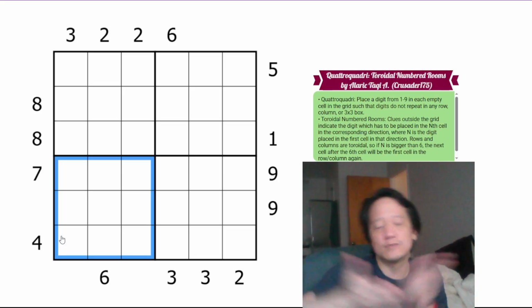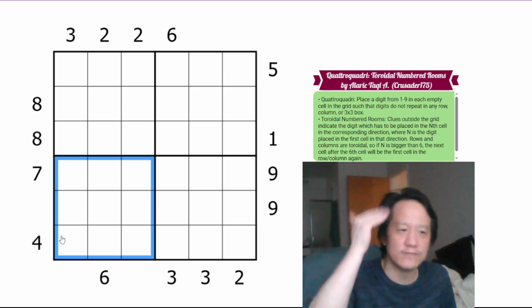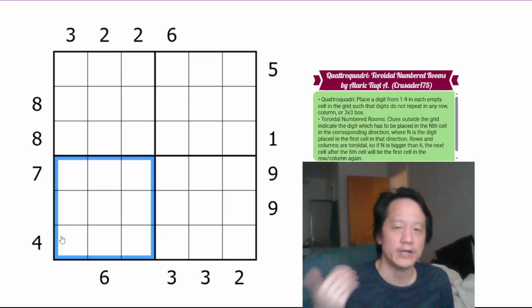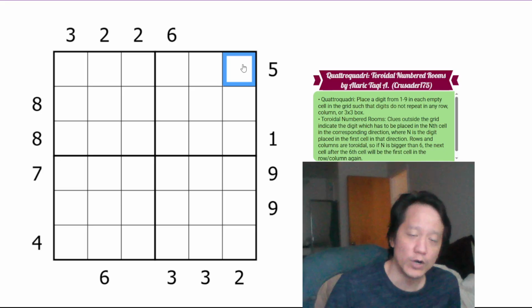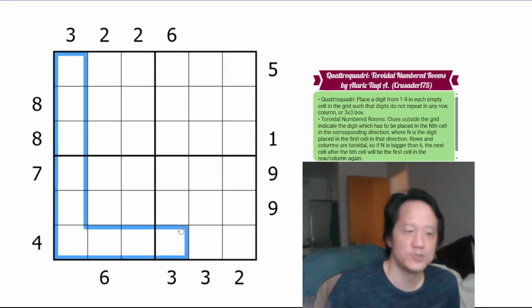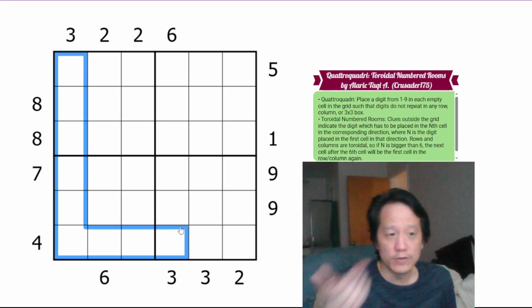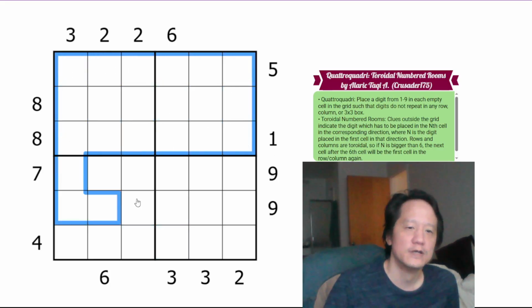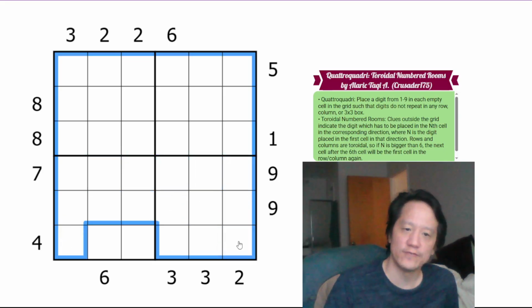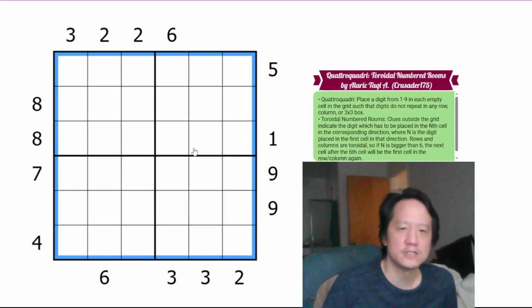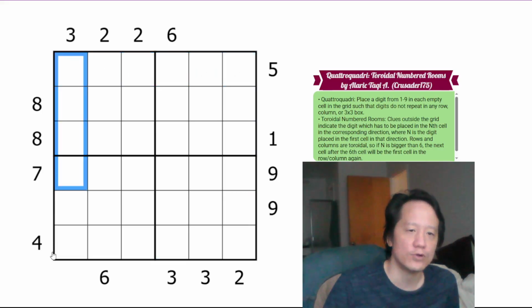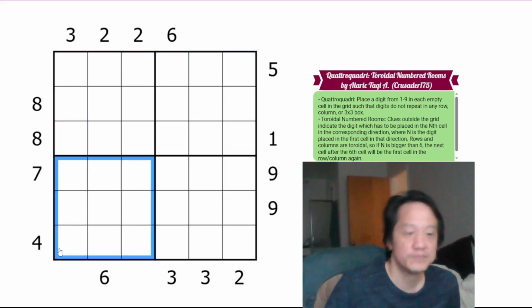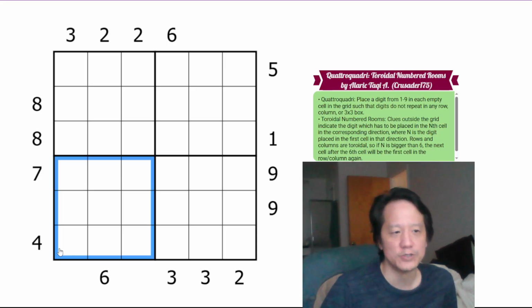But anyways, that's the reason why I phrase normal Sudoku rules the way I do, because it fits this Quattroquadri rule set to a T. Fill every single cell in this grid with a single digit from 1 through 9, such that there are no repeats in any row, column, or box, or designated 9-cell region.